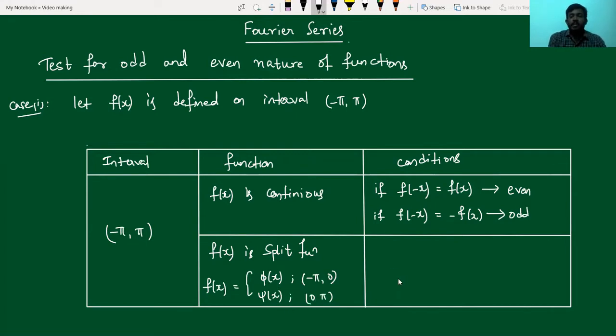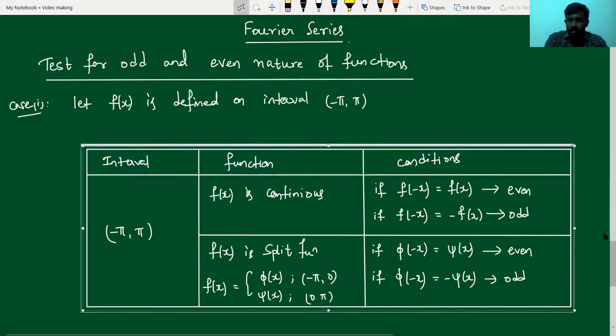If this is the functional form, then the conditions are: if phi of minus x is equal to psi of x, then the function is said to be even, and if phi of minus x is equal to minus of psi of x, then the function is said to be odd. So these are the conditions in the interval minus pi to pi.